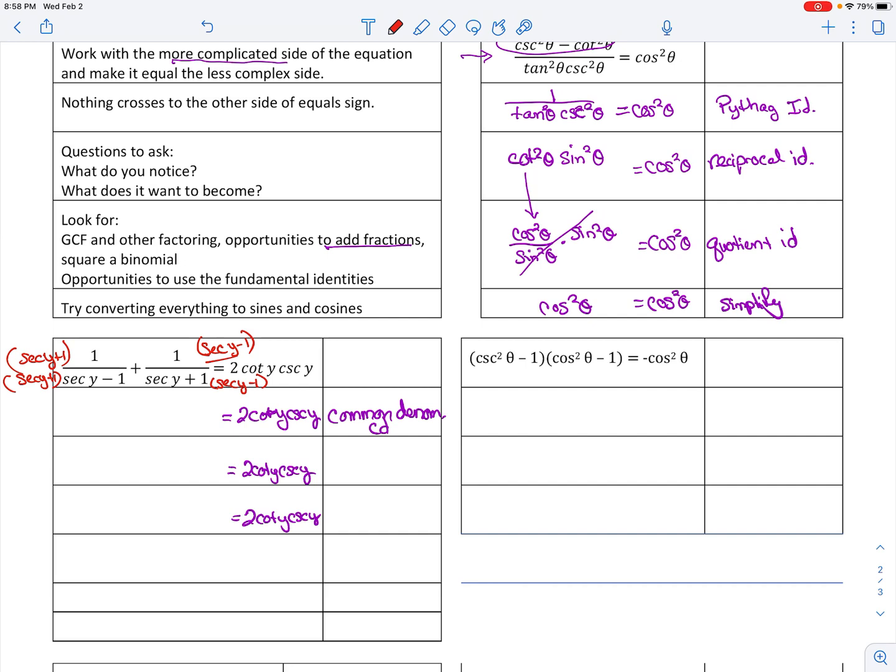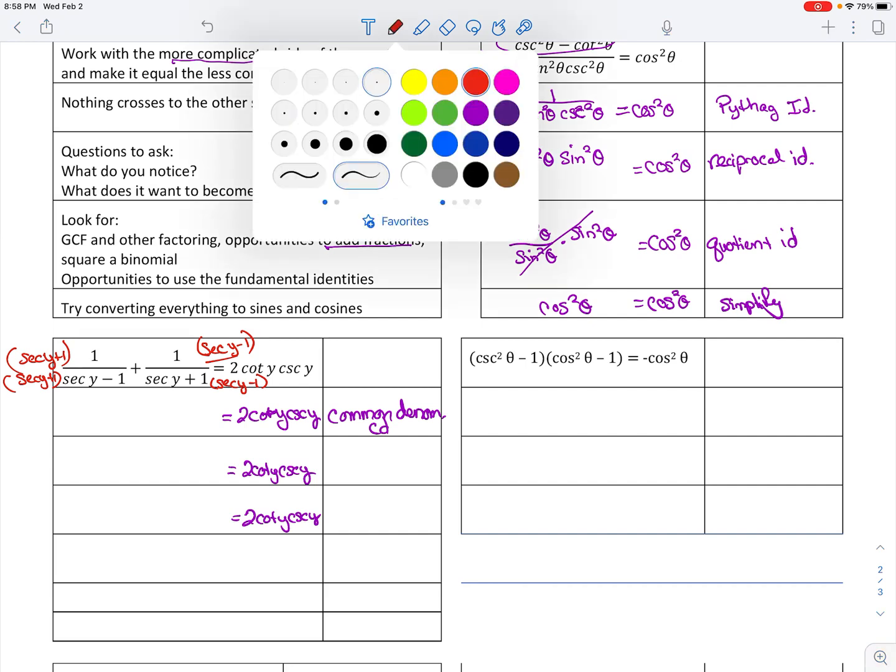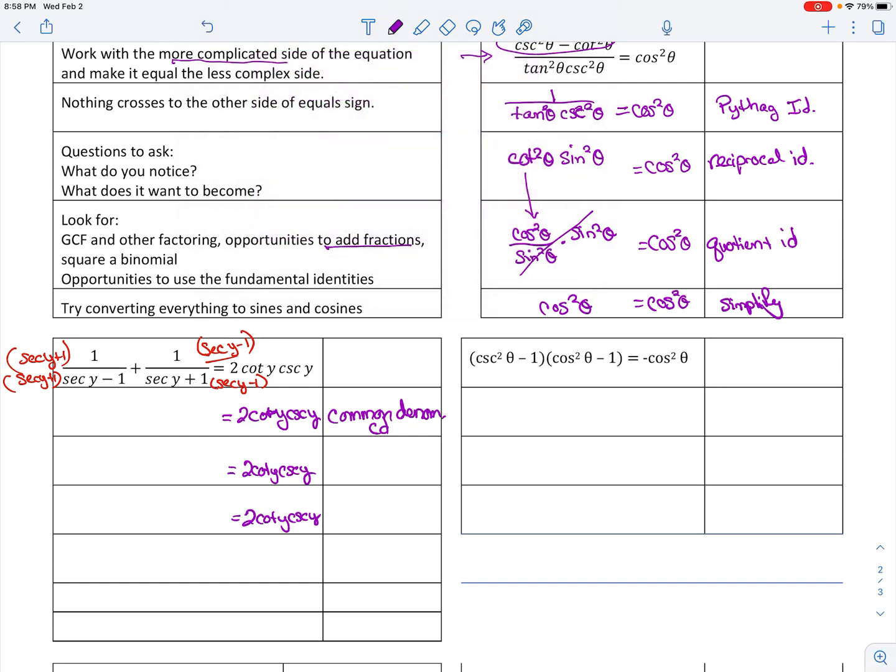So when we do that, now we're going to have a common denominator, and we can put everything over that common denominator. Our common denominator is going to be secant of y plus 1 times secant of y minus 1. And in the numerator, we will have secant of y times plus 1 times 1, so secant of y plus 1.